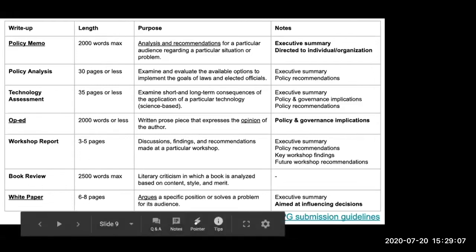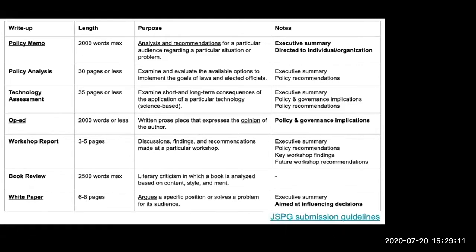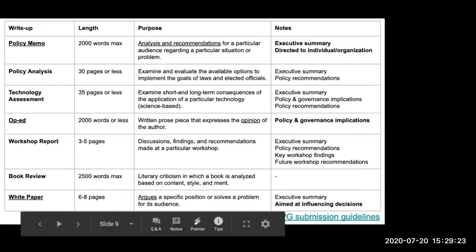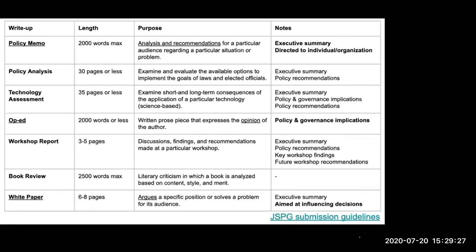And the white paper, which we're also going to talk about, is a longer write-up, 6 to 8 pages, which also argues for a specific position or solves a problem for the audience and is aimed at influencing decisions. So again, there are really different types of writing, and you're probably going to encounter all of these in your policy career, but we're just going to cover a few today.